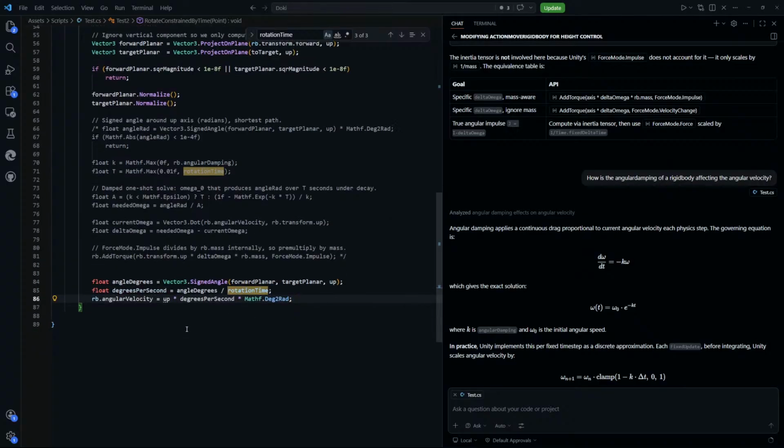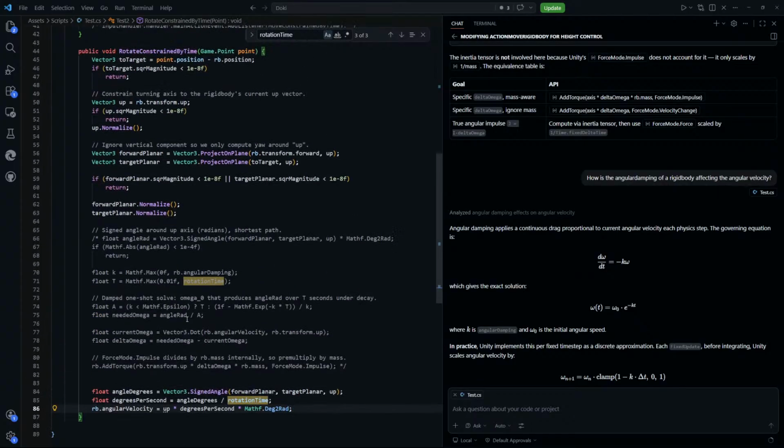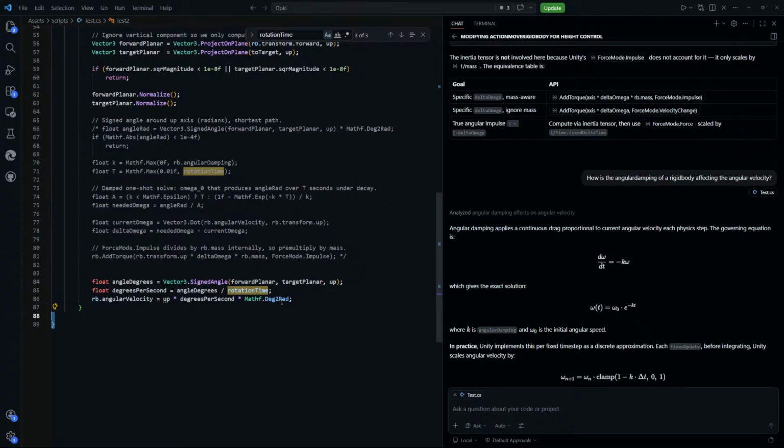Angular velocity. Do we want this in radians? Yeah, radian. Okay. Let's do it like this.